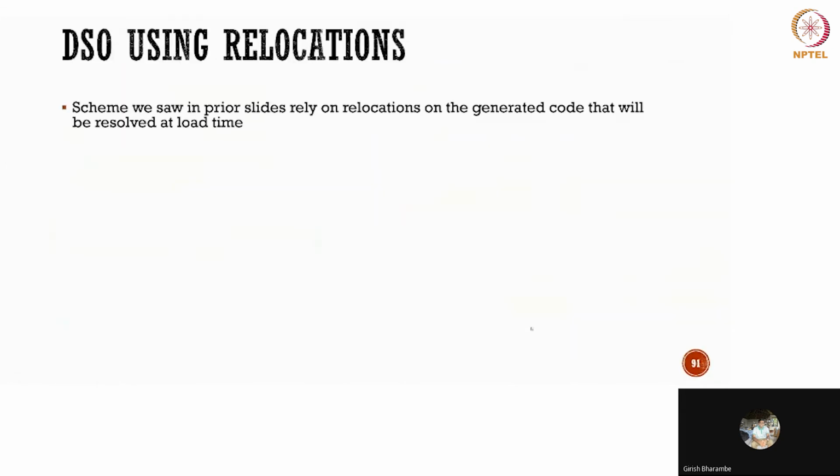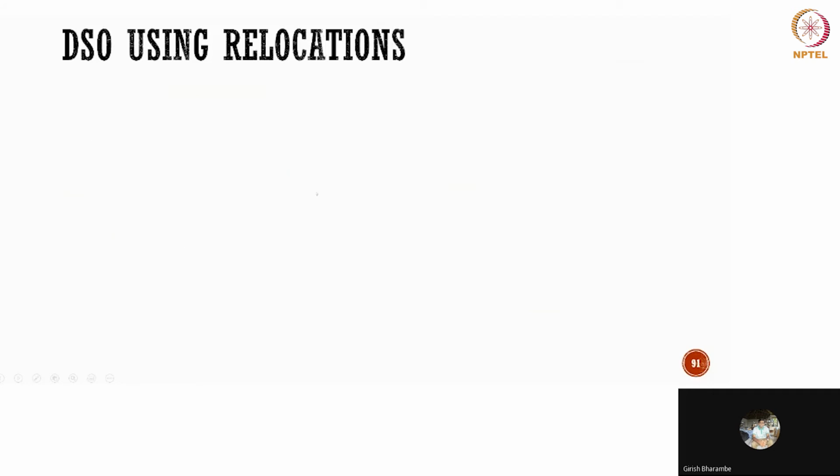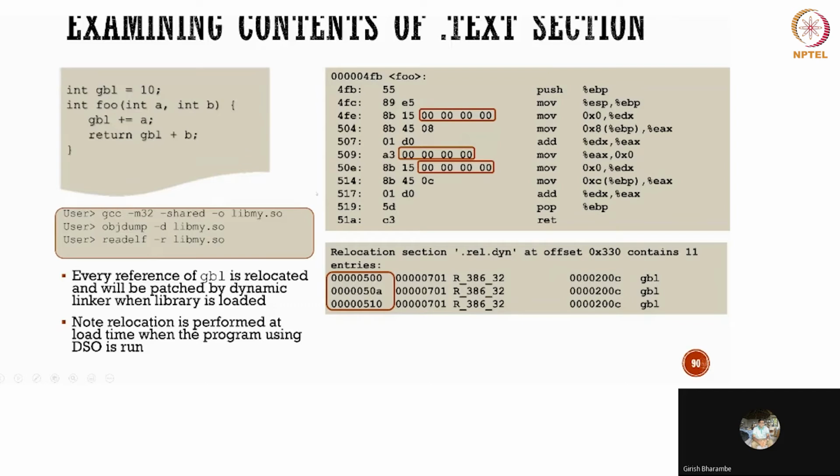Okay, now this scheme which I mentioned is where the DSO is using the relocations. Now this is a straightforward way to implement DSOs, where I generate the text section, all the references within the shared library have relocations, and I generate relocations for patching them.